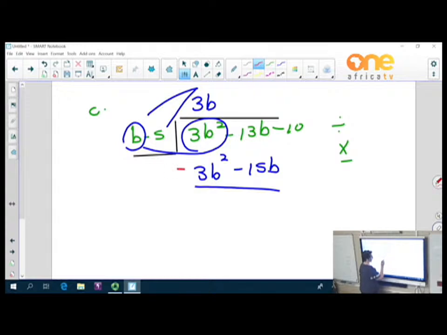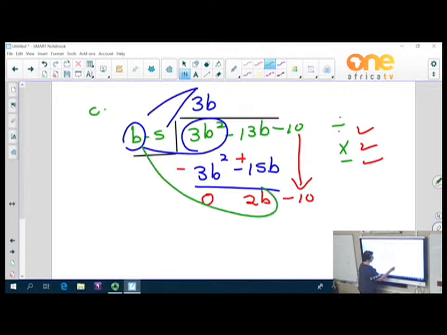Now we change the second signs and add. Here it eliminates. Negative 13 plus 15 is positive 2b. I bring down that one, negative 10. We do the same thing again. How many times will b divide into 2b? Plus 2 times.